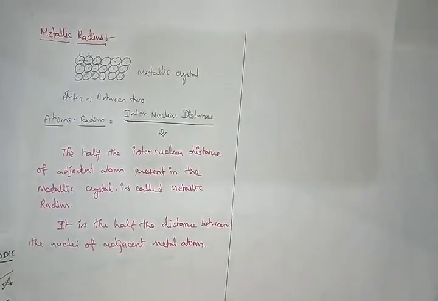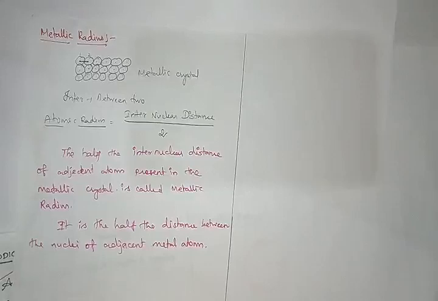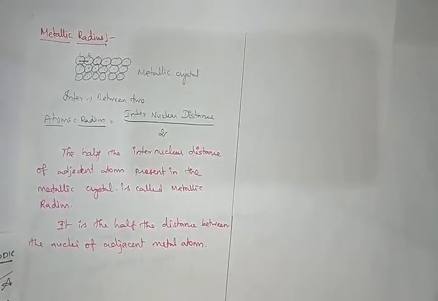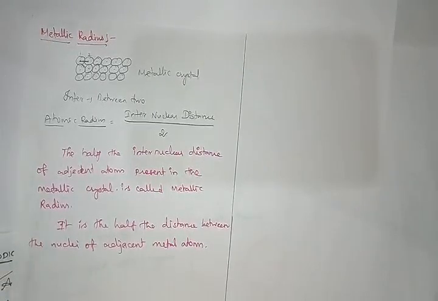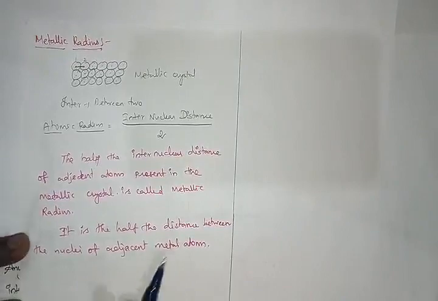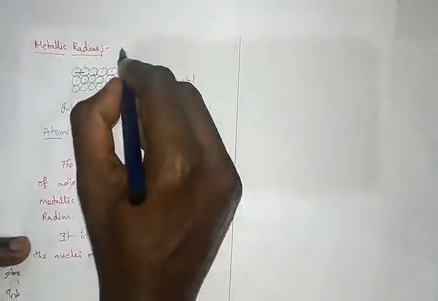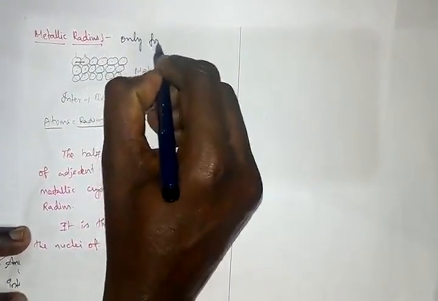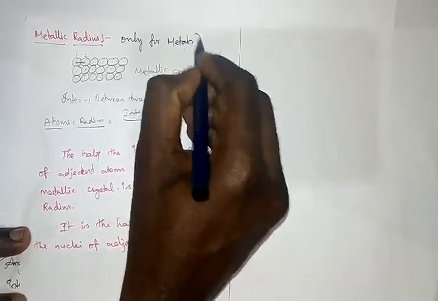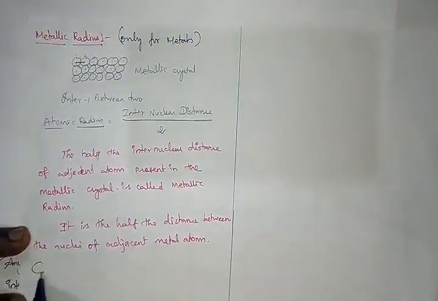This is what we have to understand, my dear children. I hope this idea is helpful. Now let us go to the next one, that is covalent radius. The metallic radius is only for metals. Remember this.